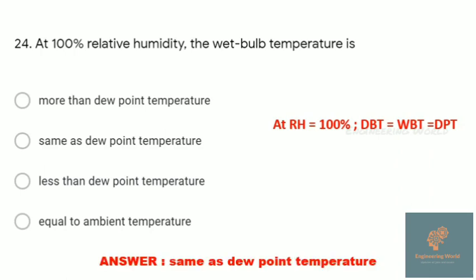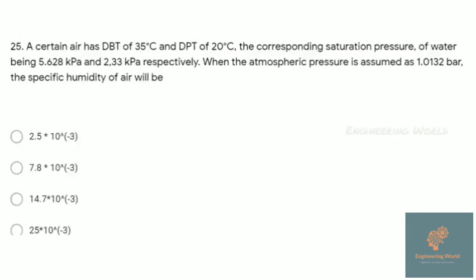So the next question here. A certain air has a DBT, dry bulb temperature, of 35 degrees Celsius, and DPT of 20 degrees Celsius. The corresponding saturation pressure of water being 5.628 kilopascal and 2.33 kilopascal respectively.